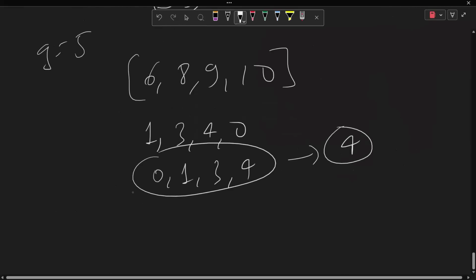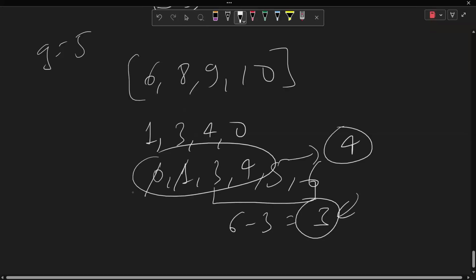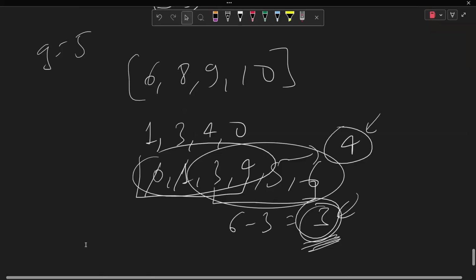But actually, if you increment this 1 and 3 and make them 5 and 6, here your range is 6 minus 3, 3. So that is less than 4. So 3 is your actual answer. You can make the range get reduced to 3 by doing this. But if you directly take this, your answer would be 4. So to get the best answer, you would have to rotate it. But this is not intuitive, I think.